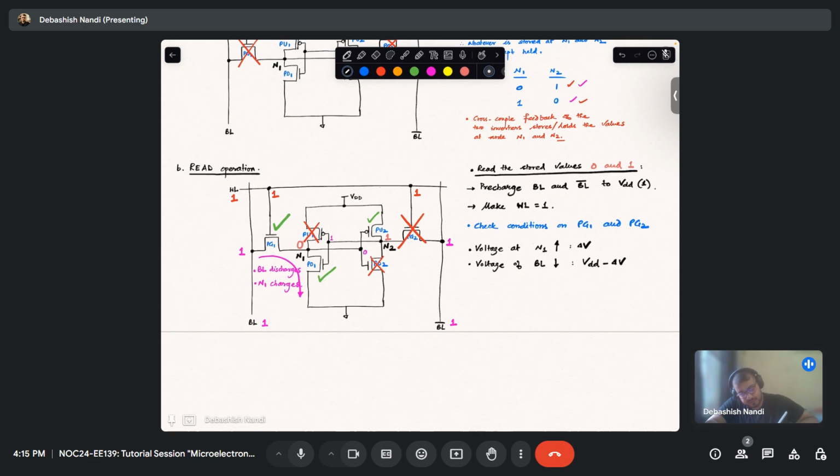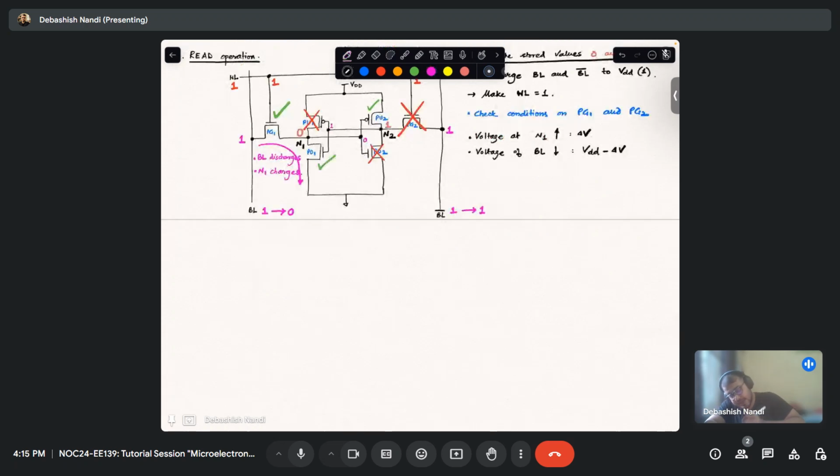And what about your BL bar? So this is becoming 1 to 0 and this is remaining 1. So that means if I use a sense amplifier, so this is now VDD minus delta V and this is now VDD.